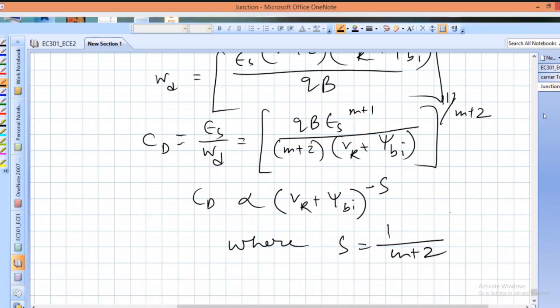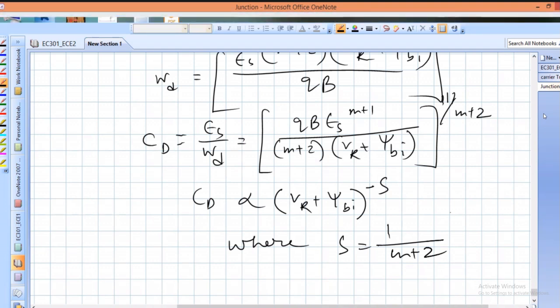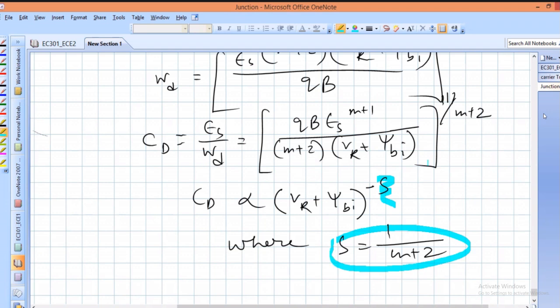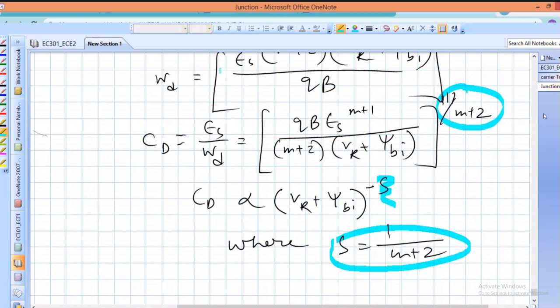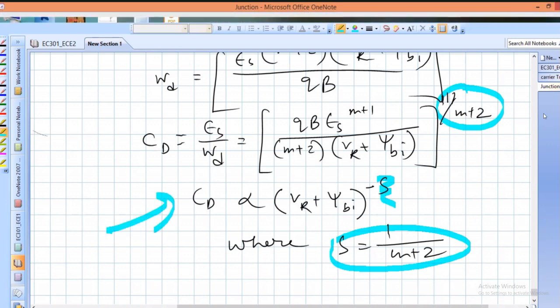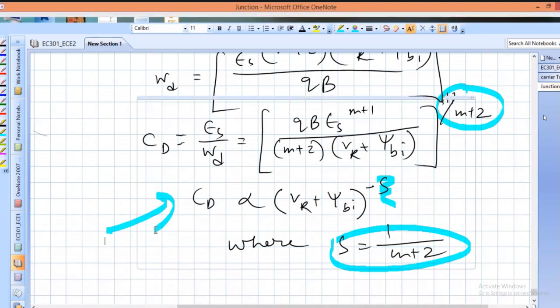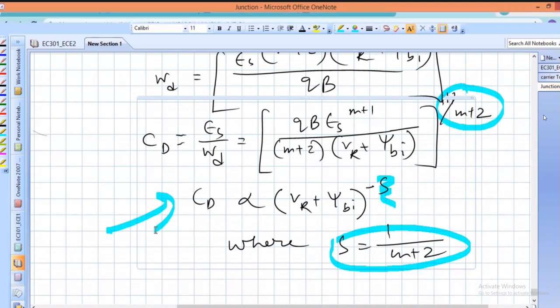Why am I writing this? Because you may be confused, ma'am, whenever there is no such requirement, why are you discussing this? Yes, there is a requirement to explain this one. What is S? S is this one, 1 by m plus 2. Now, if you see this equation very carefully, you will see that the larger S is, the more the capacitance varies with the bias voltage.